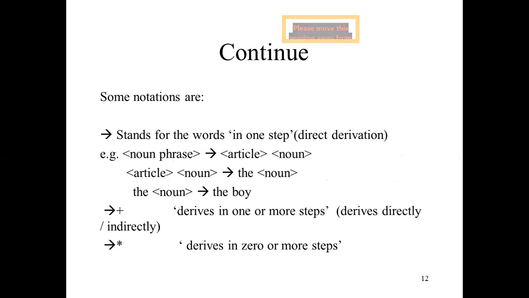If there is an arrow sign, on the left side there will be some string, and on the right side there will be another. So the arrow indicates that what is happening is in just one step. If there is a single arrow at the center, then it indicates direct derivation. So we are considering again the example noun phrase.